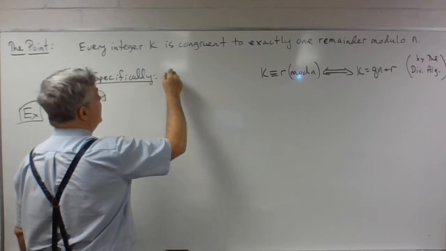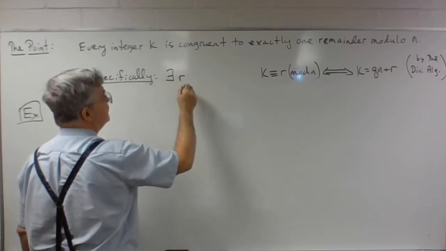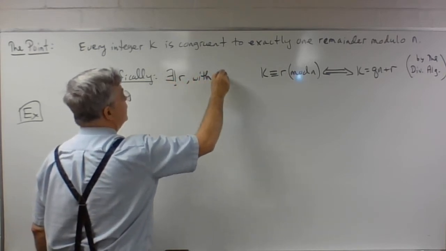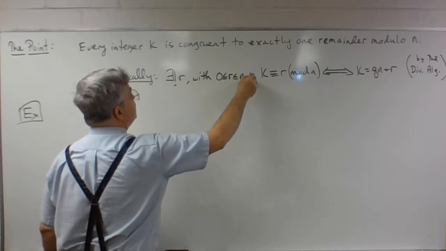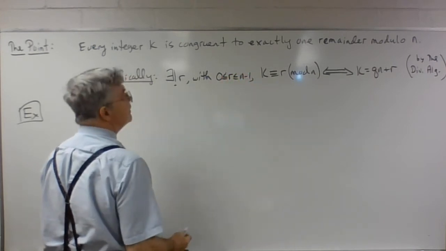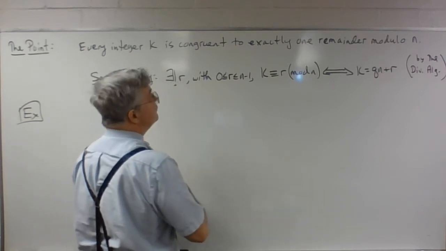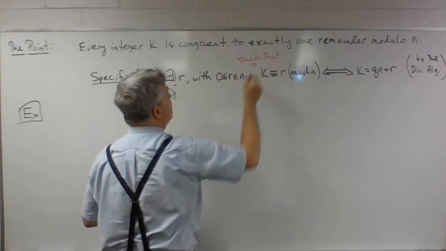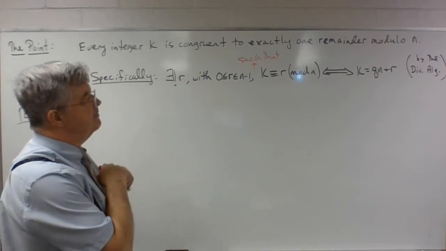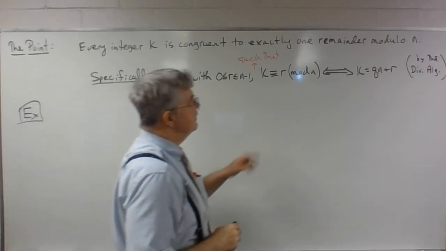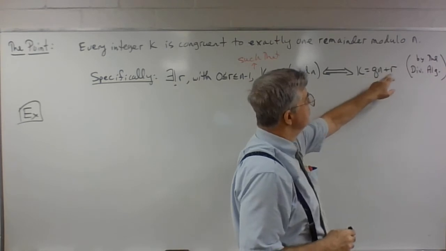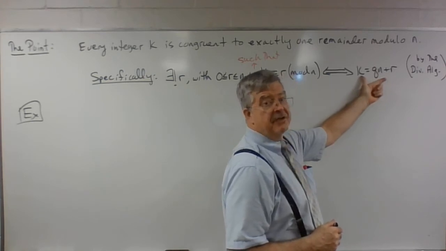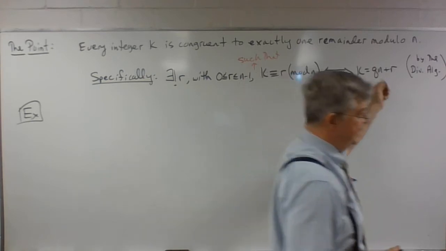Maybe what I should say is there exists a unique r with r between 0 and n minus 1 such that k is congruent to r mod n if and only if k equals qn plus r, applying the division algorithm. And actually, this division algorithm itself guarantees that r is unique.